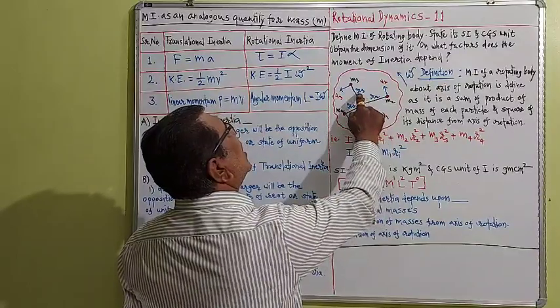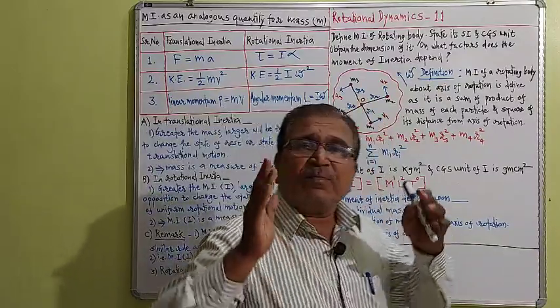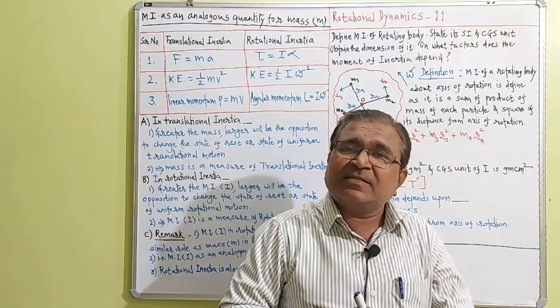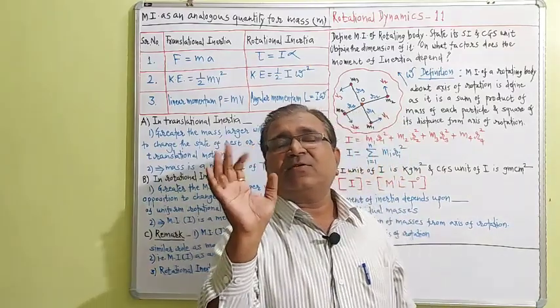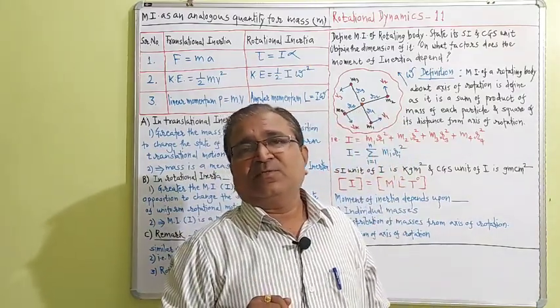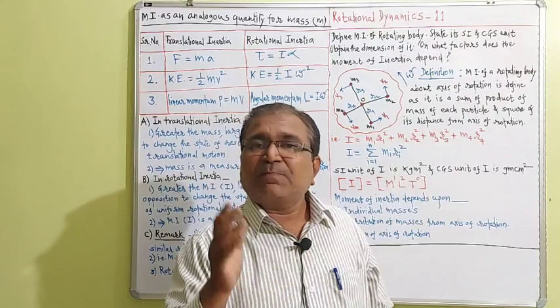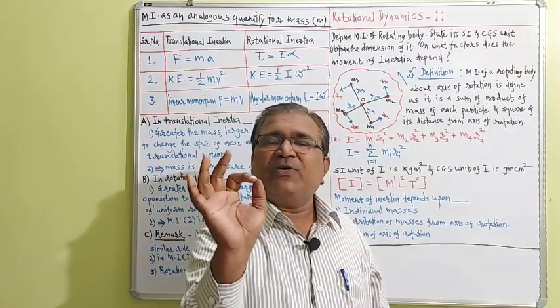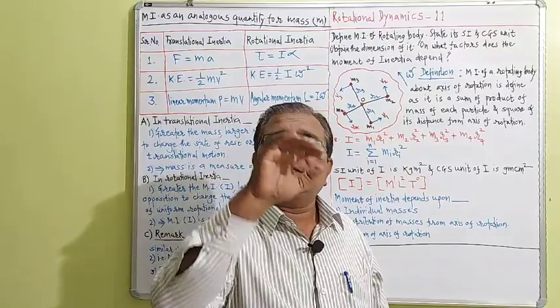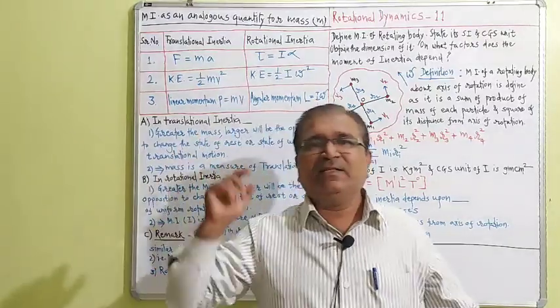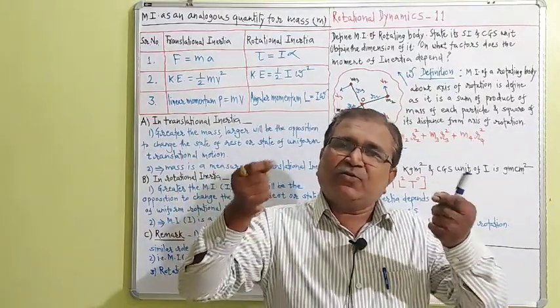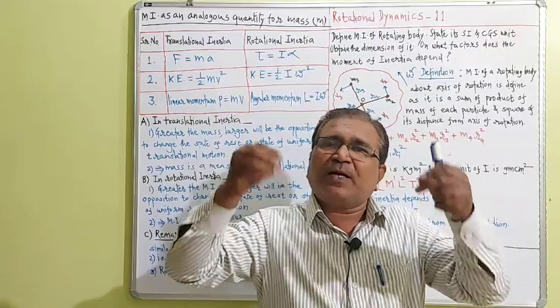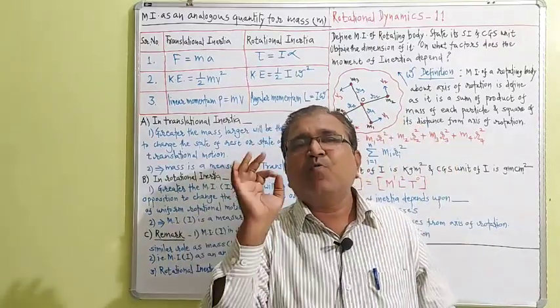R1, R2, R3, R4 are the perpendicular distances from the axis of rotation, up to Rn. By making use of that formula, we'll prepare a definition of moment of inertia.